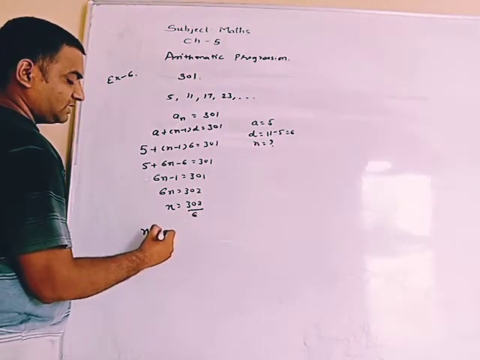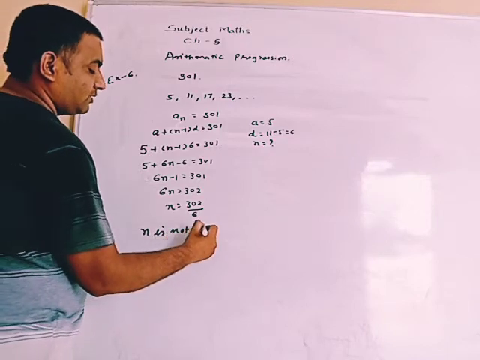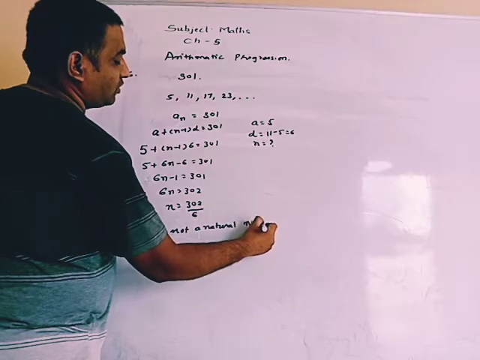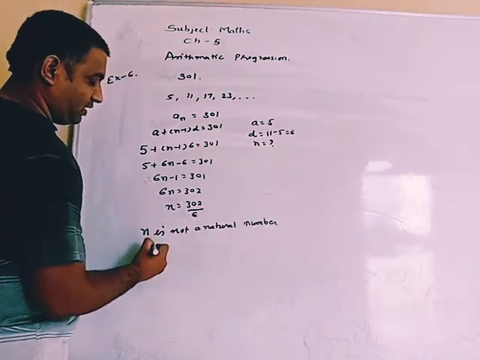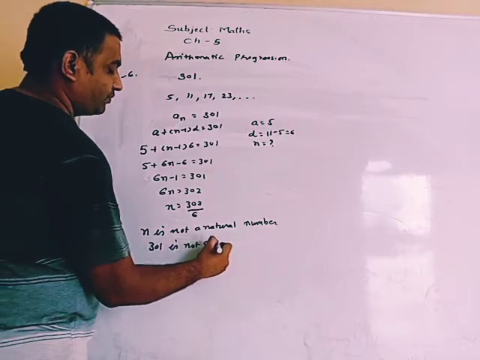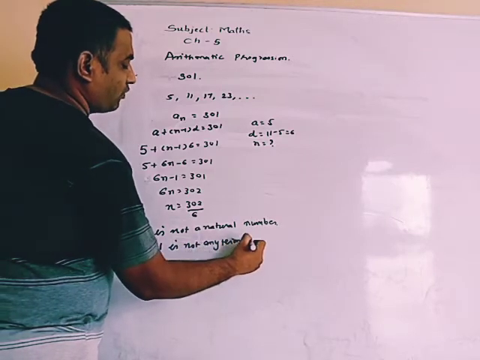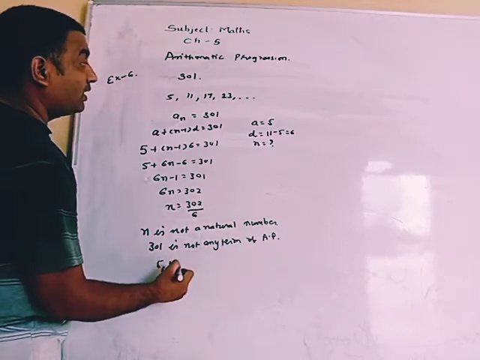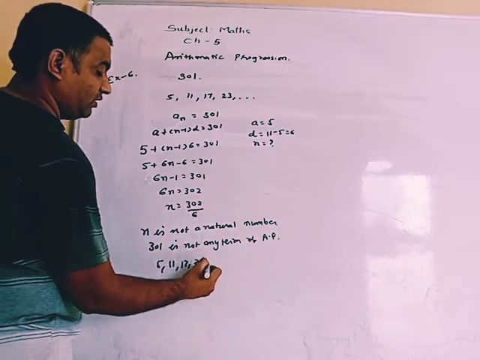So n is not a natural number, and so 301 is not a term of the AP 5, 11, 17, 23 and so on.